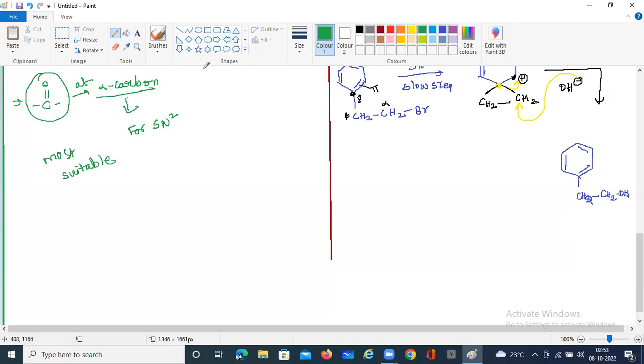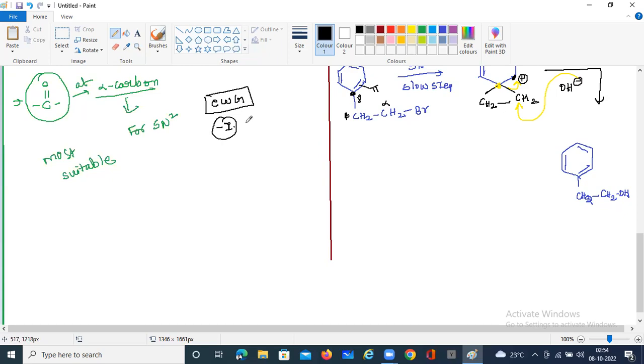And we know that an electron withdrawing group means a minus I effect, isn't it? Like NO2, which we have already learned previously.